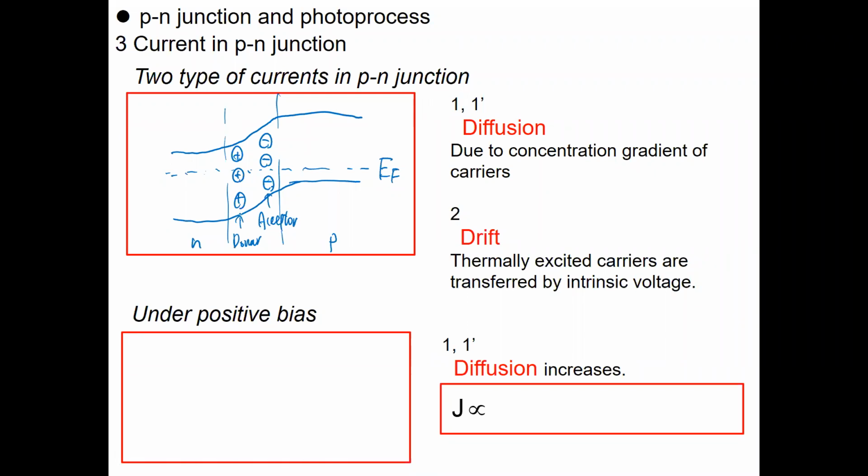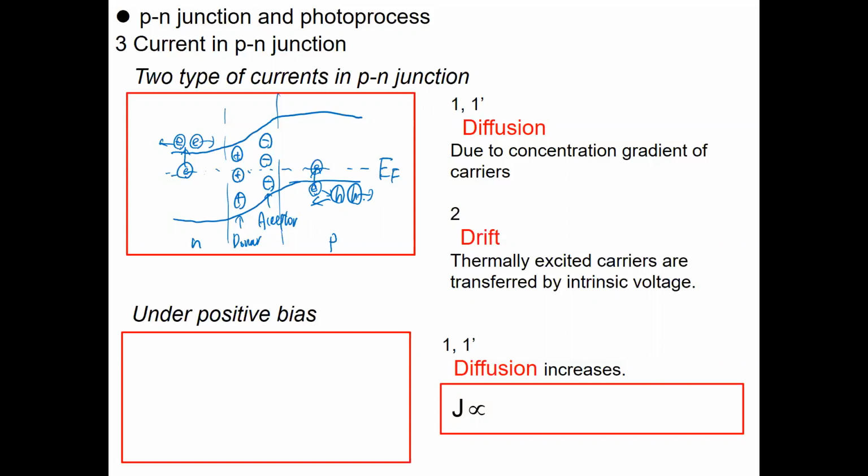On the other hand, in the N-type side, outside the depletion region, you have electrons excited, which can move around in the N-type. And in the P-type, you have electrons excited and then holes generated. So holes can move around in the P-type side.